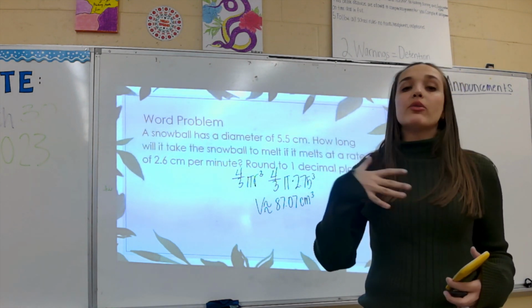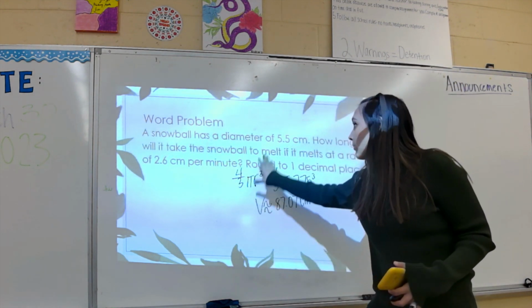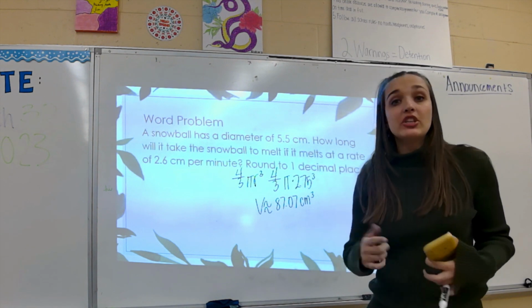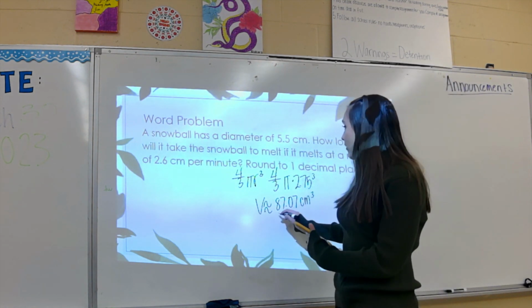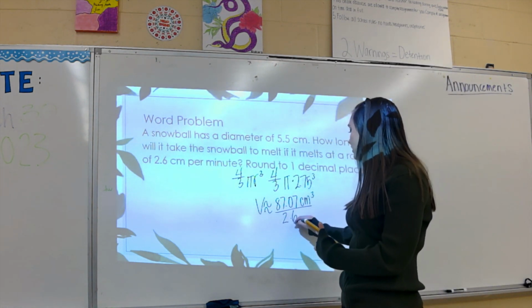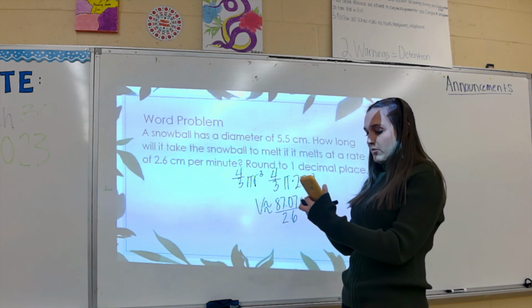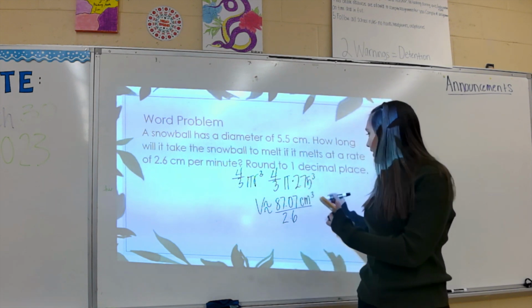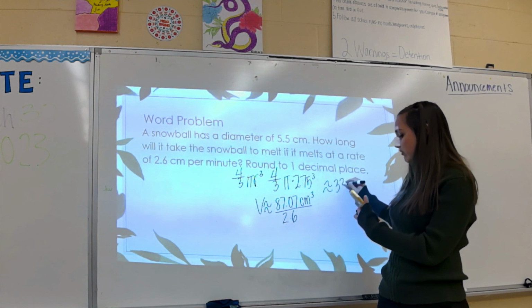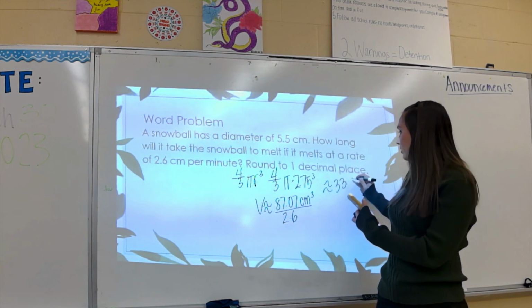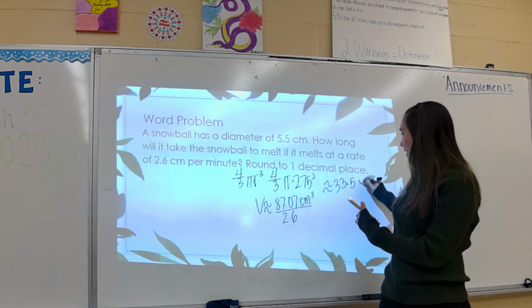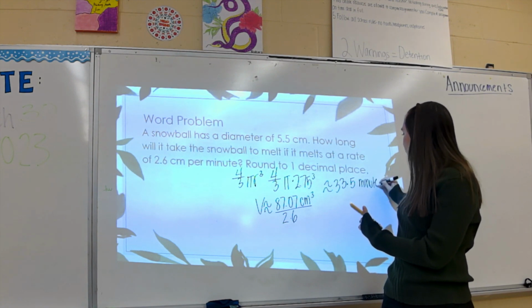When we're working with melting or inflating, and we're trying to find how much time it will take, it's going to be division. So I'm going to divide by our rate of 2.6, and I get approximately 33.5, and we label it in minutes.